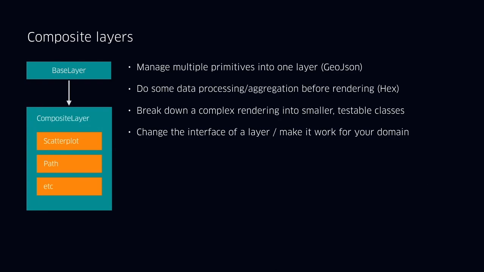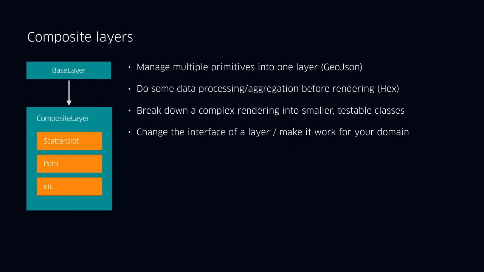So you could delegate those geometry types to sublayers that only do one task, right? And they're easy to test, easy to benchmark, etc. And they're reusable. So for example, if you had a point layer or a scatterplot layer, every time you get a point geometry within your GeoJSON, you can just delegate that to your sublayer. That could be a way of creating a composite layer, a GeoJSON layer as an ensemble of 3 other layers.